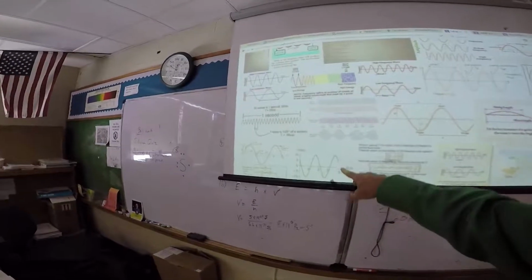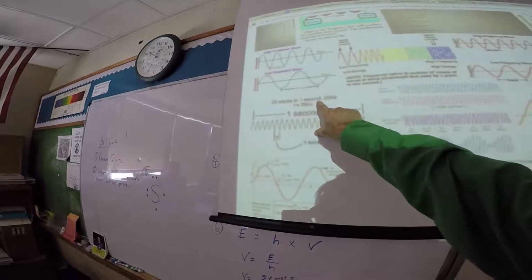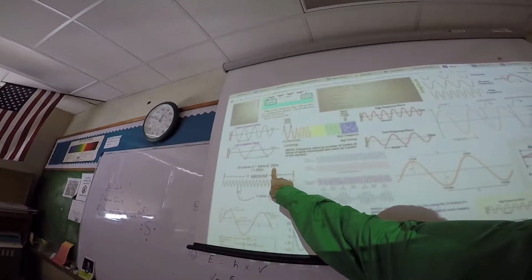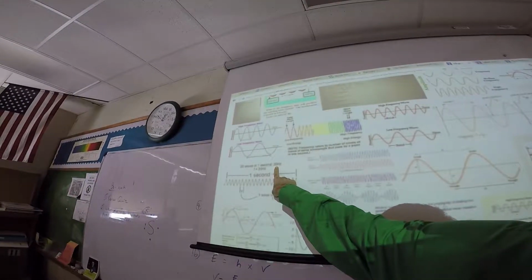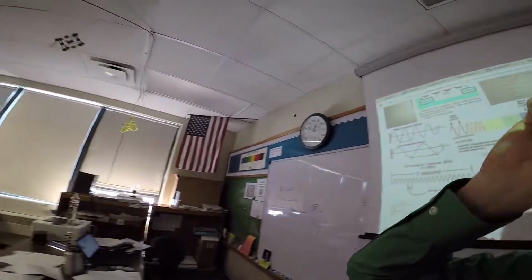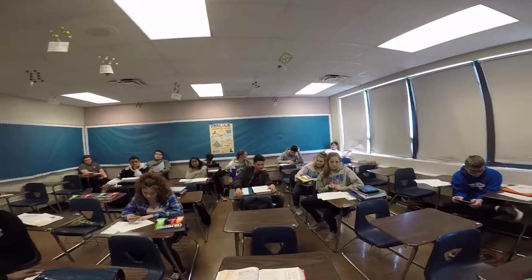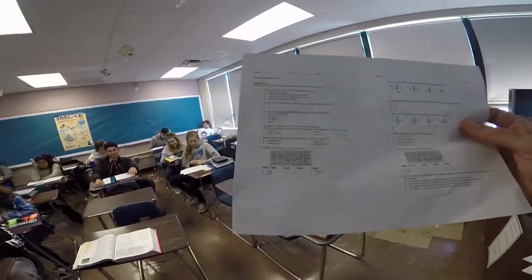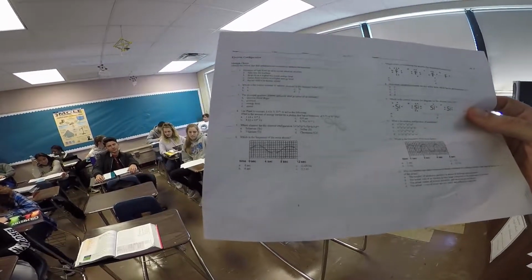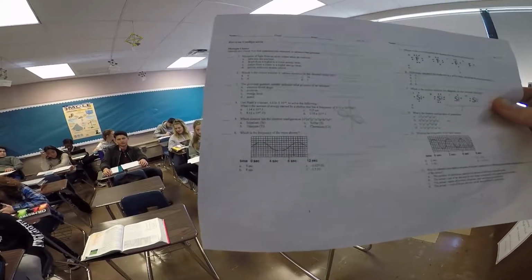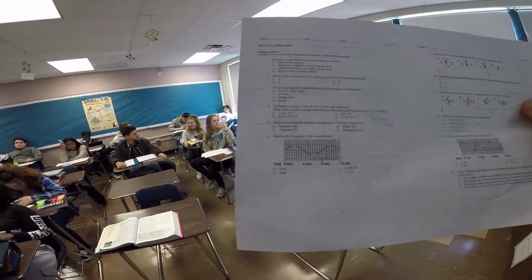On the overhead, you can see that if you have 20 waves in 1 second, that's associated with 20 hertz. Does everybody see this? 20 waves in 1 second is 20 hertz. So when you're asked questions about hertz, they want to know how many waves are in 1 second. Looking on your quiz here, you go to the 1 second, which would be half of the 4, which is 2, and half of the 2 is going to be around 0.125 waves per second.